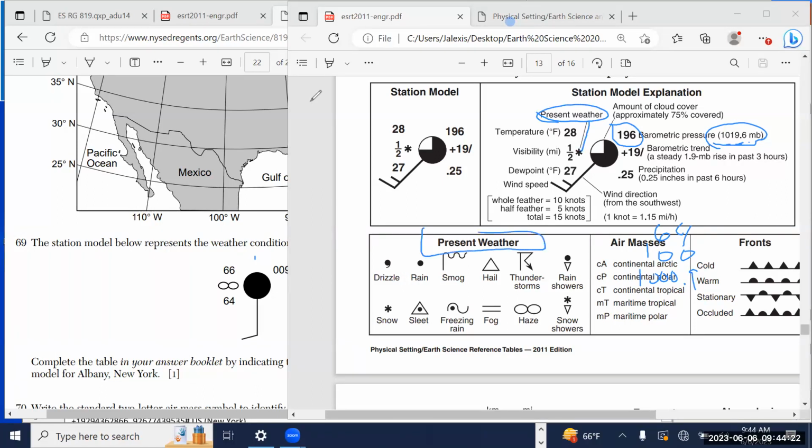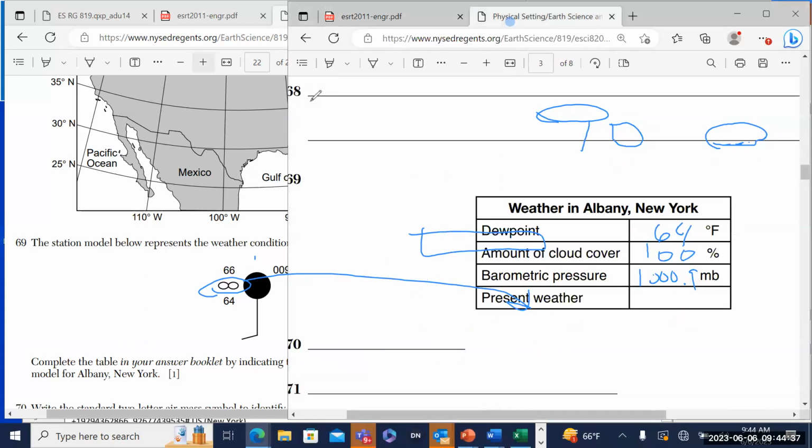And I look at this chart to find the present weather. So when I look at the chart, I see right here the present weather is this symbol, which matches up with haze. So that lets me know that the present weather is haze.